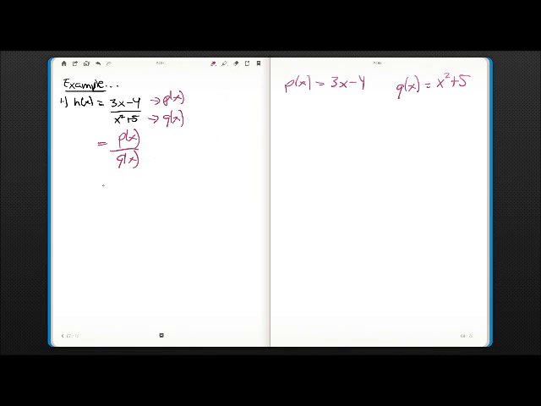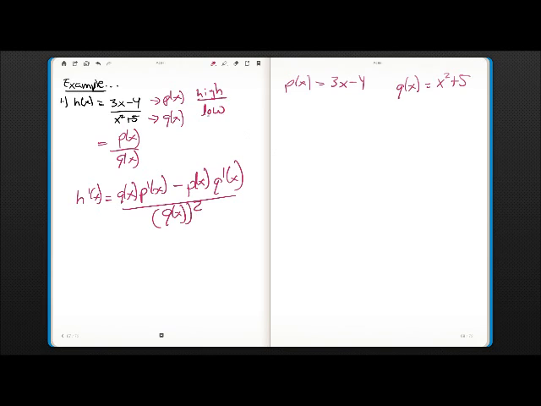Next is applying the quotient rule, which will be h prime of x equals low, meaning the bottom function. So this is high over low. So low d high, so p prime of x, minus high, p of x, d low, so q prime of x, all over low squared, so q of x squared.